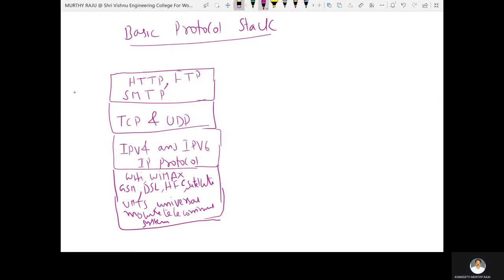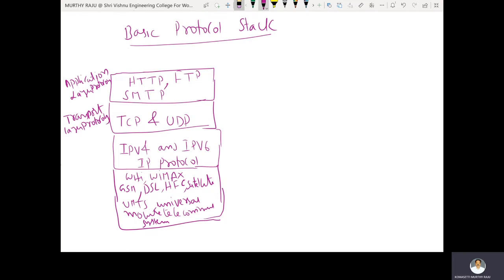These are the application layer protocols. These are the transport layer protocols.